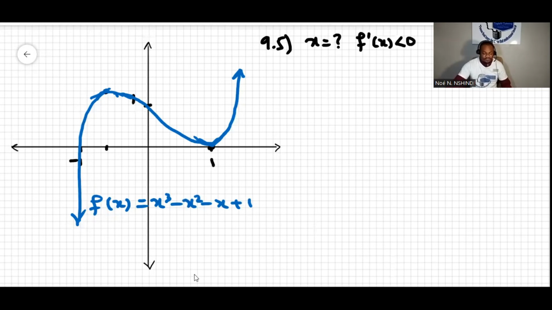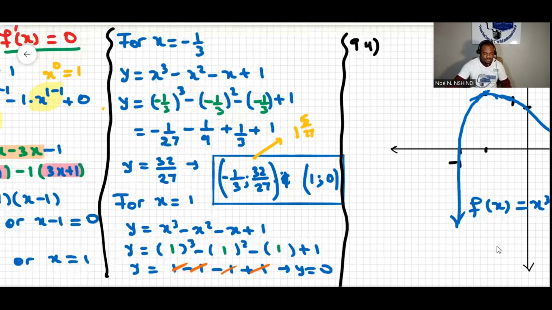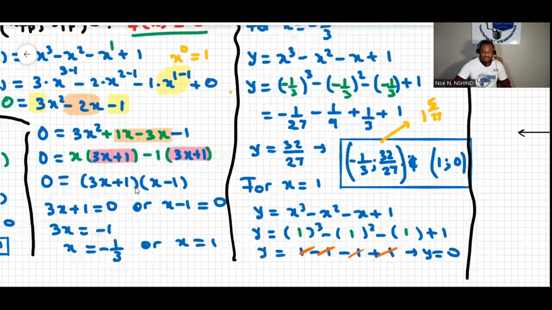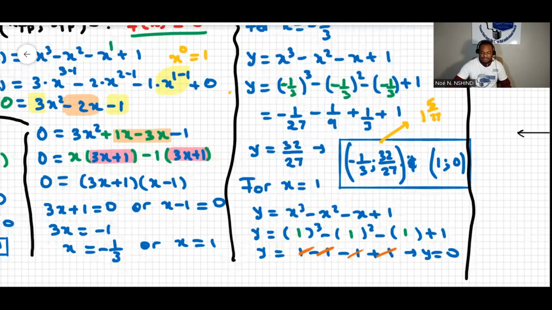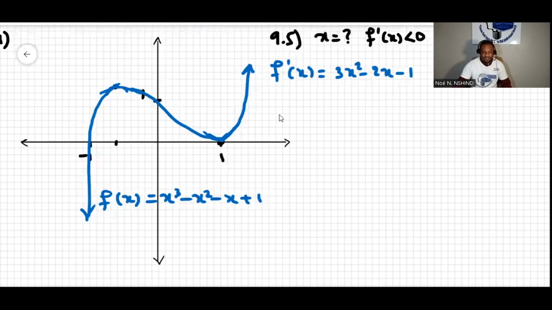Now, we did work out f prime of x earlier, and f prime of x was equal to 3x squared minus 2x minus 1. After we factorized this, we got (3x plus 1)(x minus 1). That means (3x plus 1)(x minus 1) is less than 0.